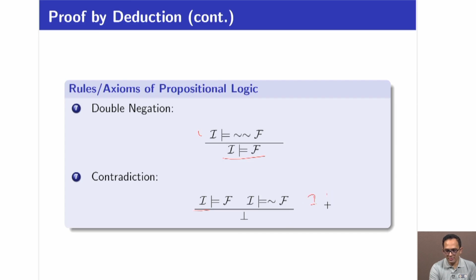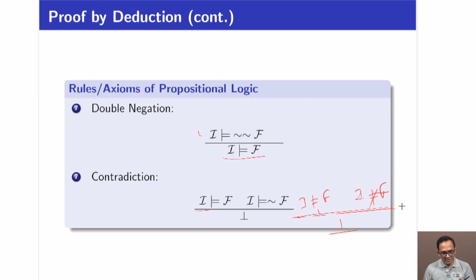I satisfies f and I does not satisfy f, and then I can say this is a contradiction. Okay. So, these are the rules I have, or the inference rules, right.